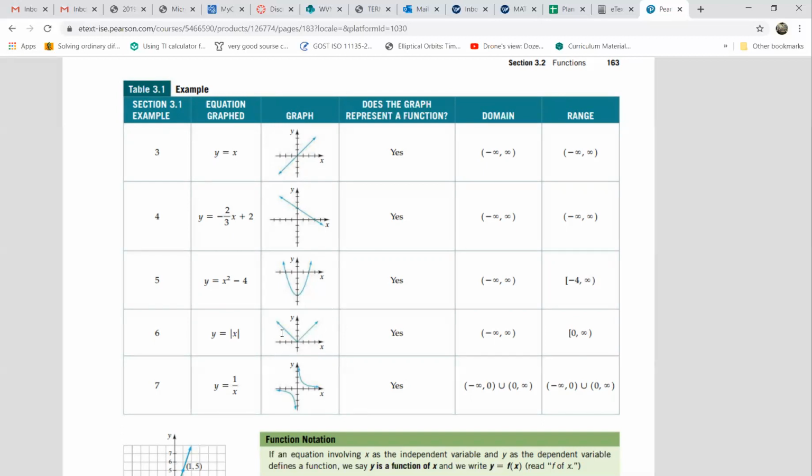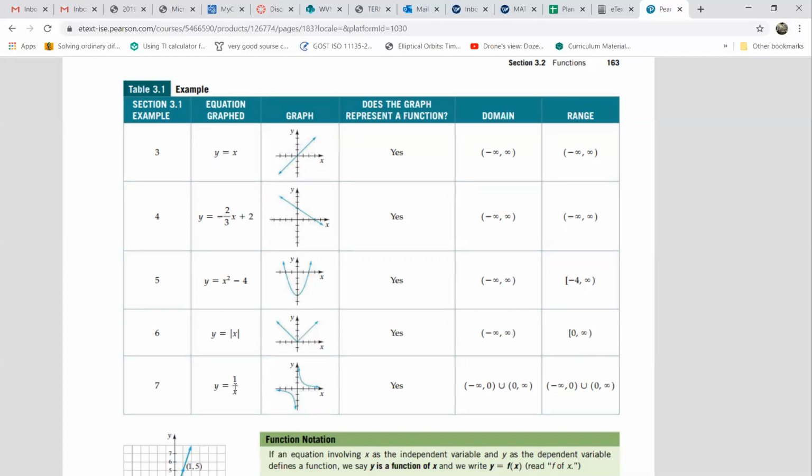The projection of the graph on x-axis on both sides covers all numbers on x-axis. So you have negative infinity to positive infinity. How about your range? We project the graph on y-axis, and as you can see, it starts from the origin, 0, which belongs to the graph of the function, and it continues to positive infinity.